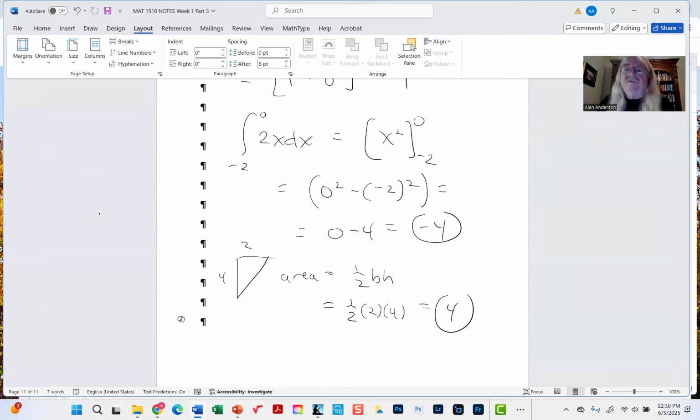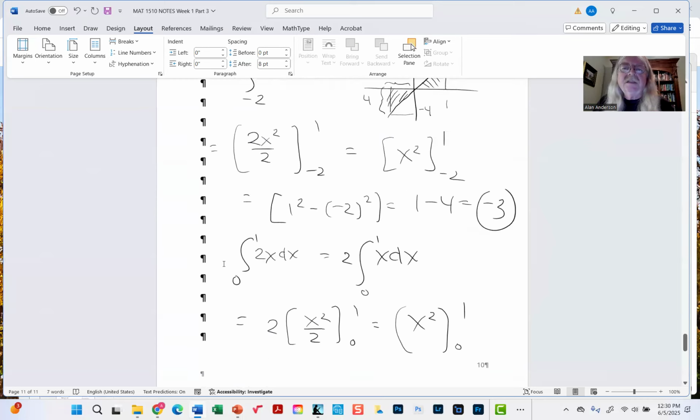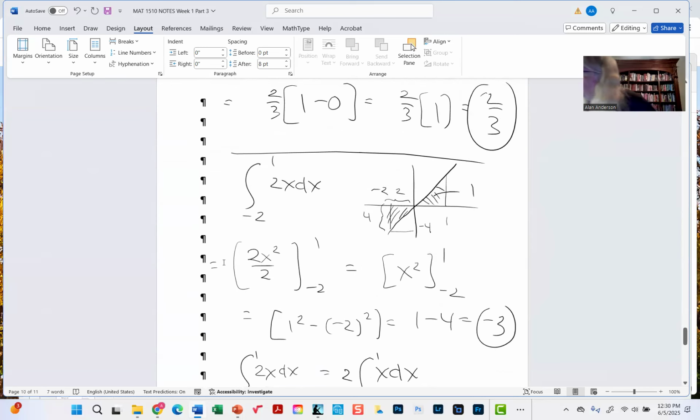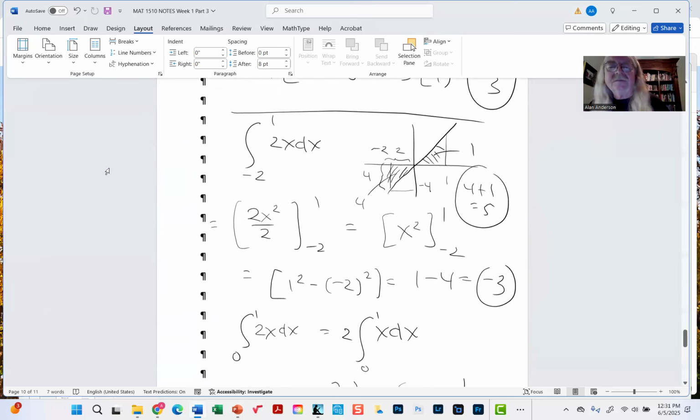So the actual area is four. It's not negative. It only comes out negative because it's facing down, underneath the horizontal axis. Since the actual areas of these two are four and one, the total area is actually five. But if you just integrate it directly, you see what's happening is you're getting positives and negatives offsetting each other.